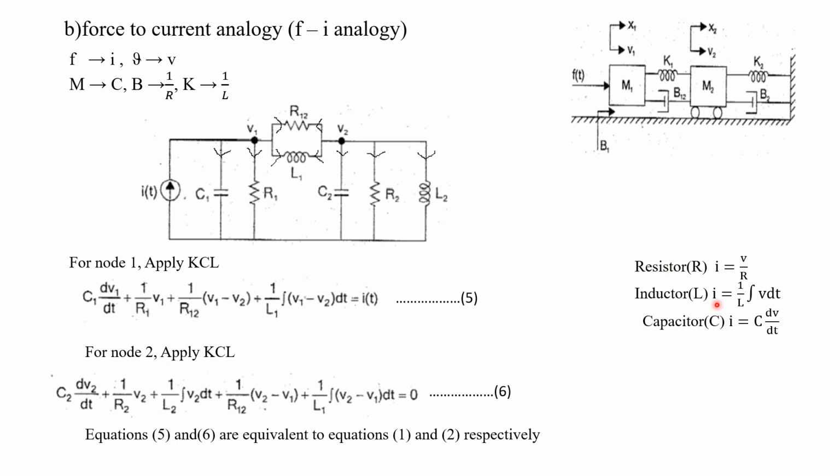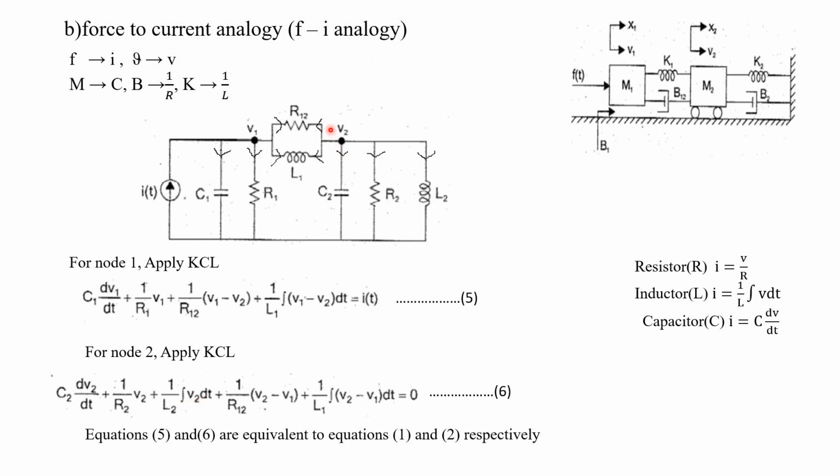For the inductor, what is the current? 1 by L into integral V dt, so 1 by L2 into integral V2, where V2 is the voltage drop across L2. Along this line the voltage will be V2, along this line the voltage will be 0. For this inductor L2, one end is at V2, the other end is at 0 volt. So V2 minus 0 into dt, or we can write it as V2 into dt.